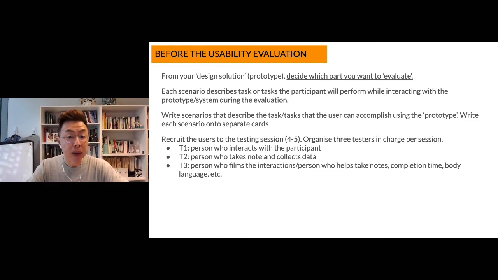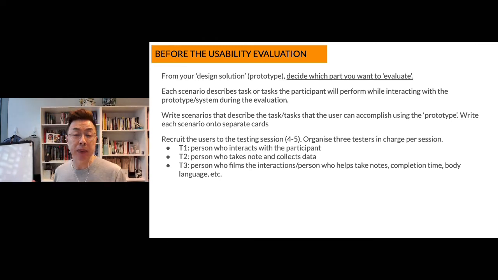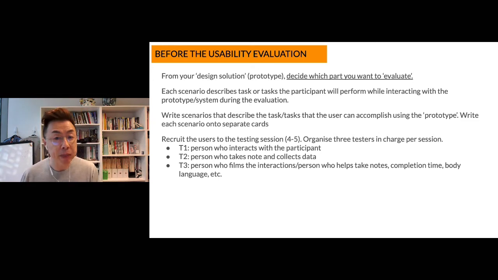You need to recruit users for the testing, of course, probably between 4 to 5 users. And you want to organize 3 testers to be in charge per session as well. So tester 1 is the person that will be interacting the most with the participant. Okay, they'll be the one welcoming the participant and explaining the task to the participant.